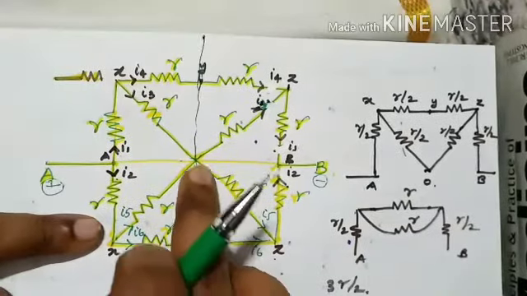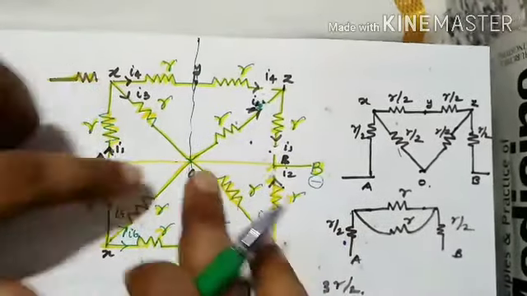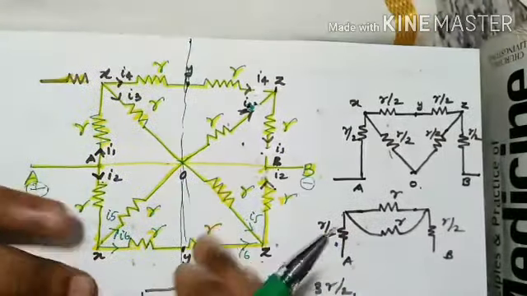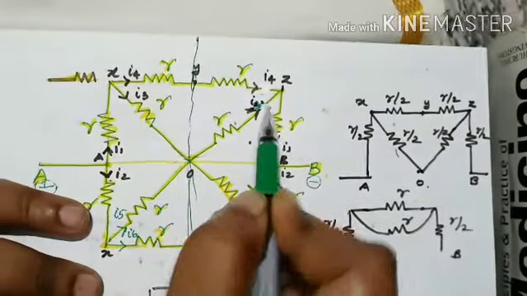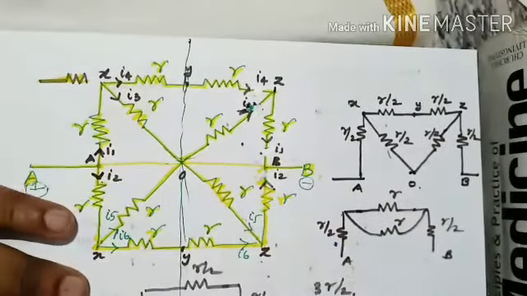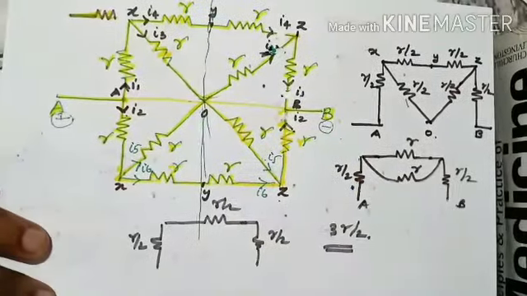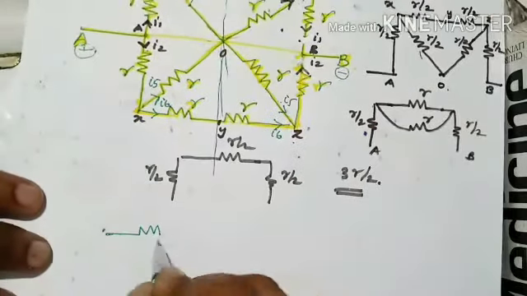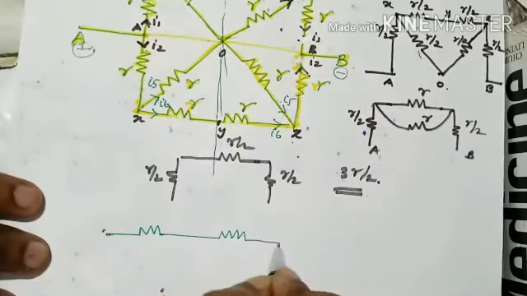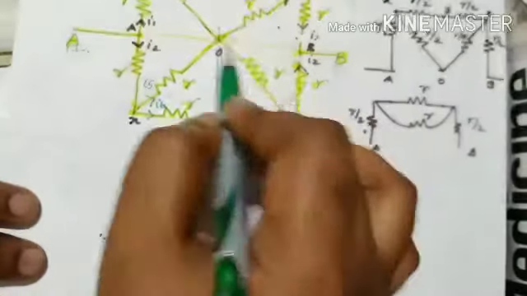That means this point O is irrelevant. There is no branching which is done, right? I3 go on like this, I6 go on like this. So I can convert this circuit into an equivalent circuit of this form. See? Like this R and R, right?